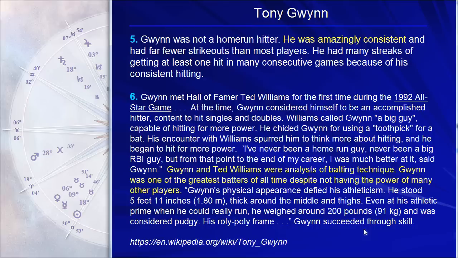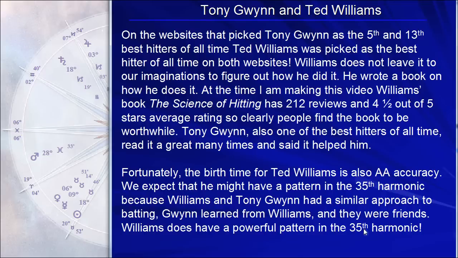So being 5'11 and 200 pounds is typical for an athlete, but it's usually a lot more muscle than that. So he was kind of pudgy. Despite this, he's one of the greatest batters of all time. That shows you the power of the 35th harmonic, what it can do.